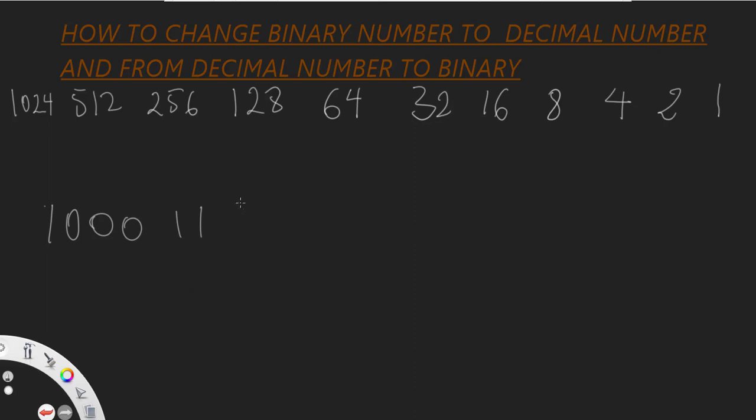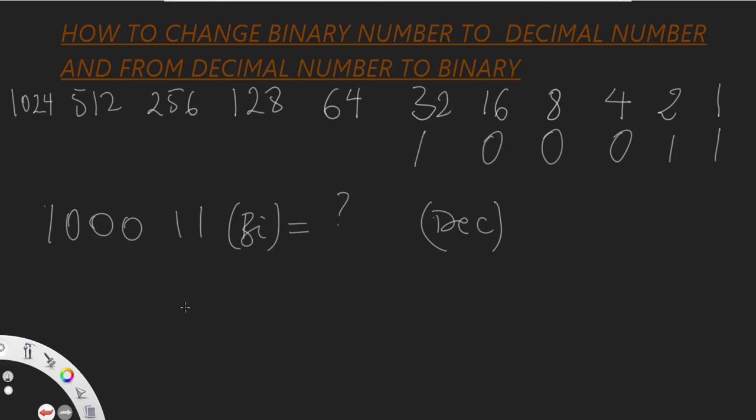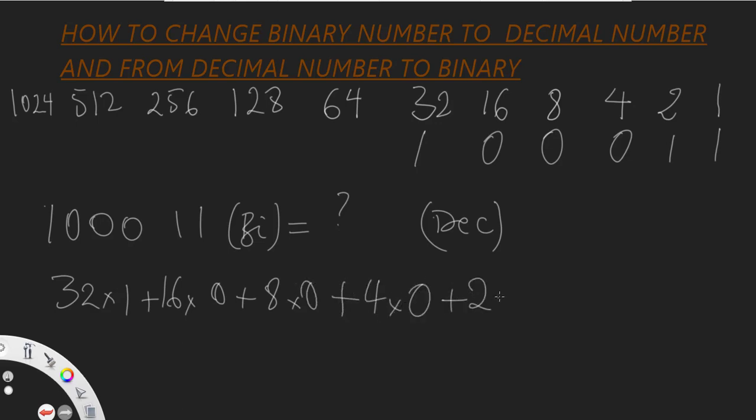Simple, we say 32 times 1, 16 times 0, 8 times 0 is 0, 4 times 0 is 0, and 2 times 1, plus 1 times 1.